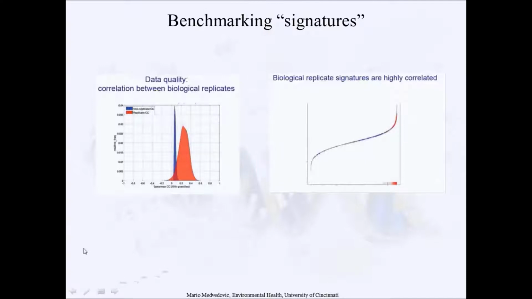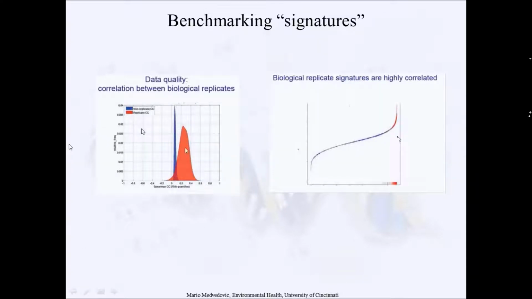And their first pass data quality assessment, in which they construct the lists of these gold signatures, meaning that they believe they are reproducible and informative, is basically based on the ability of these replicates to recognize each other.